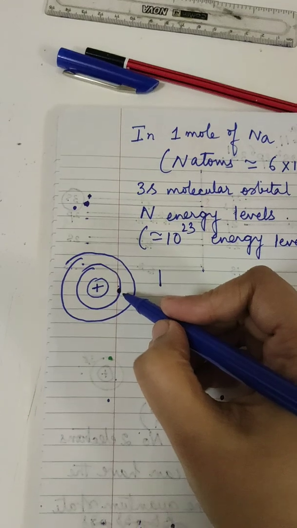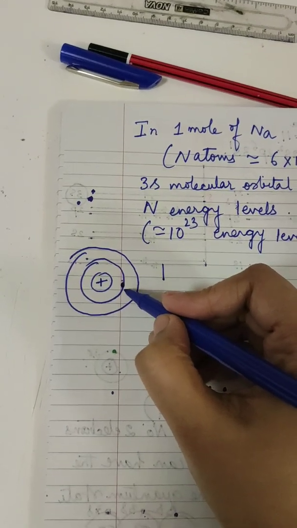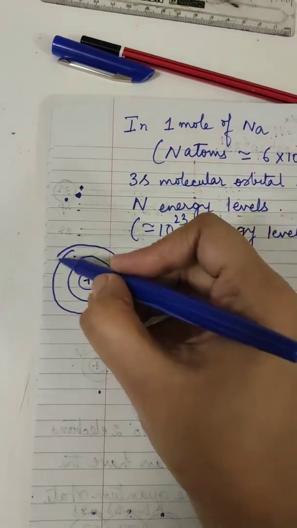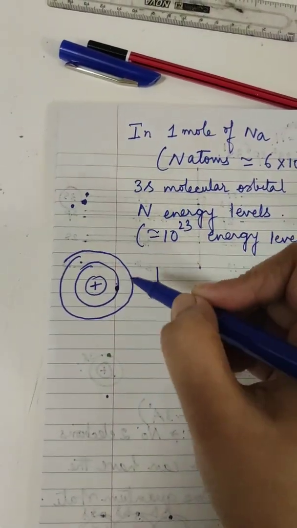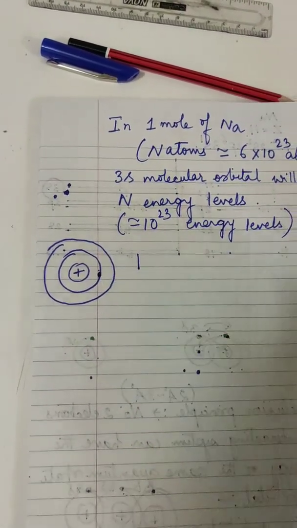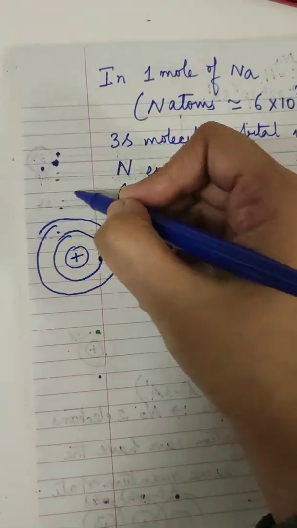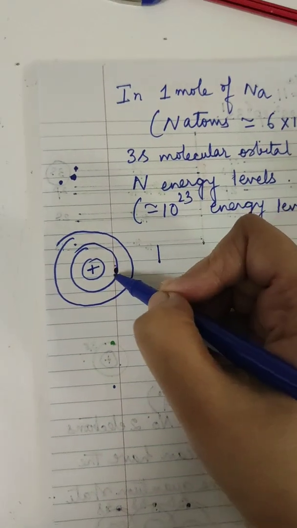Actually there are fewer interactions of the electrons which are inside, okay, so there is less splitting of those energy levels than for the electrons in the outer orbitals.